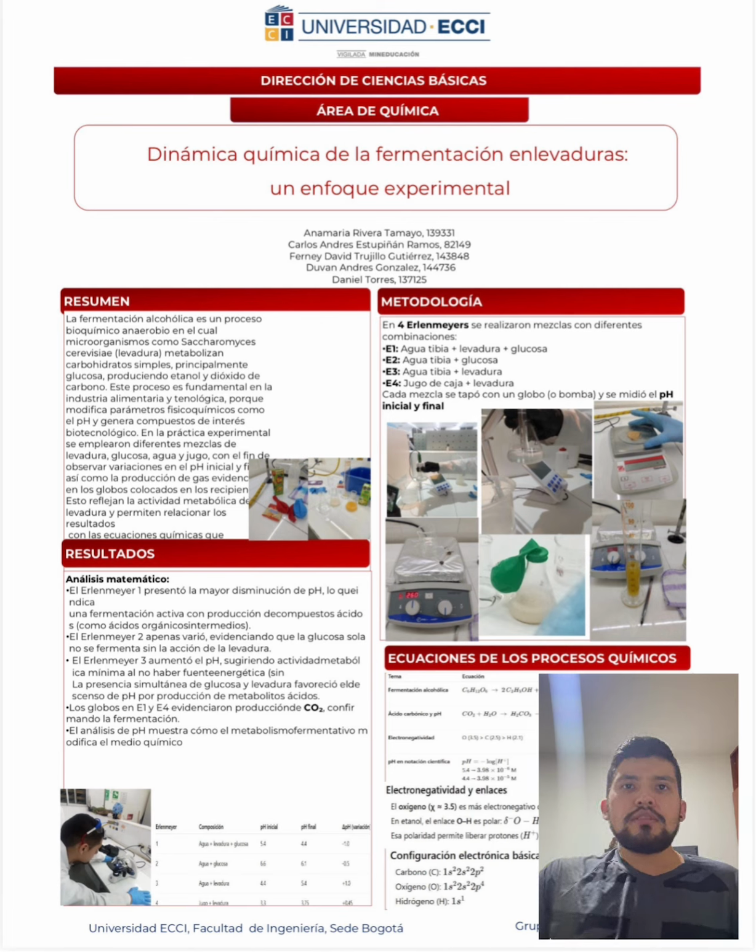From these results, we can conclude that the combination of yeast and glucose is essential for efficient fermentation. This process not only releases carbon dioxide, which we could see in the balloons, but also modifies the chemical environment by changing the pH.